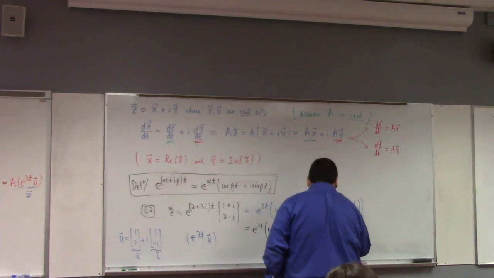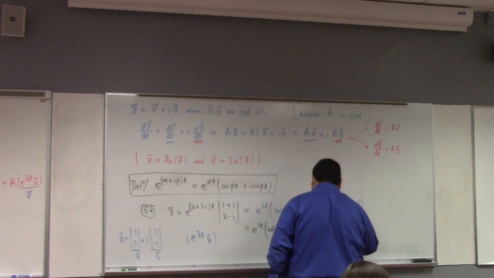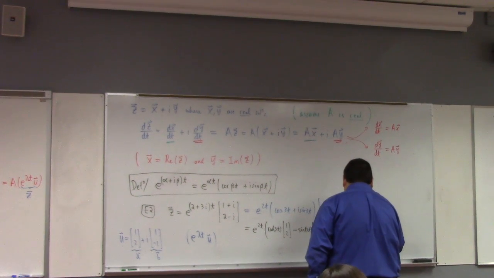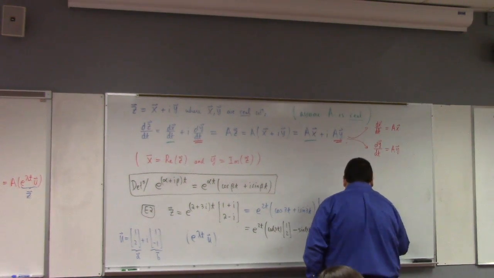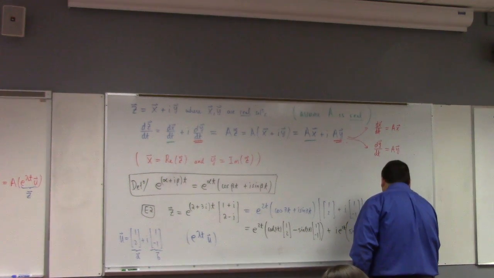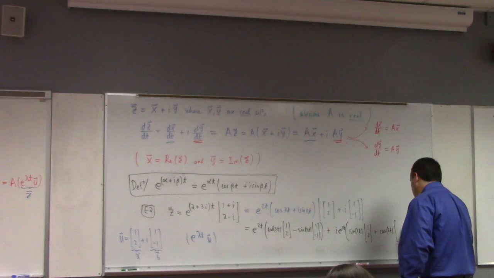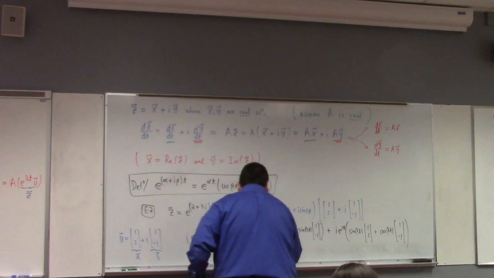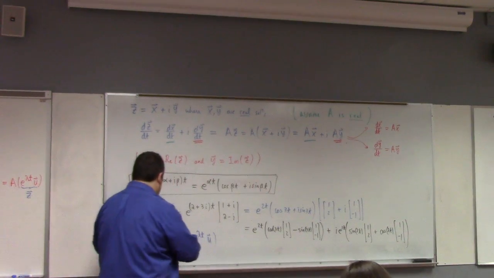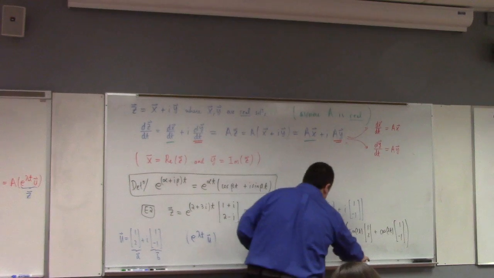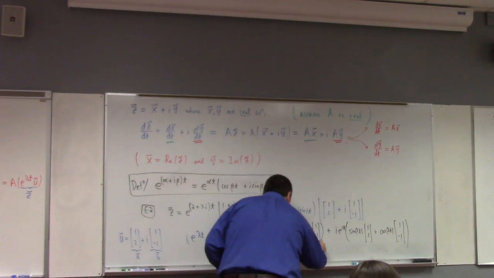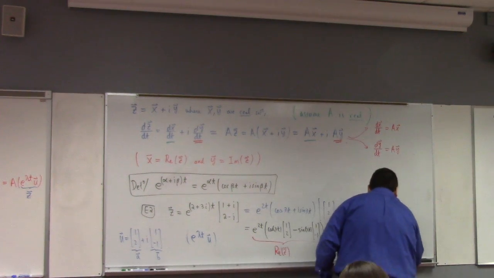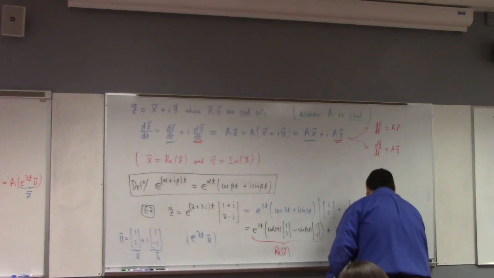And then we've got plus i times e to the 2t, sine 3t times 1, 2, plus cosine 3t times 1, minus 1. So the first part is the real part of my complex vector solution, and the second part, without the i, is the imaginary part.